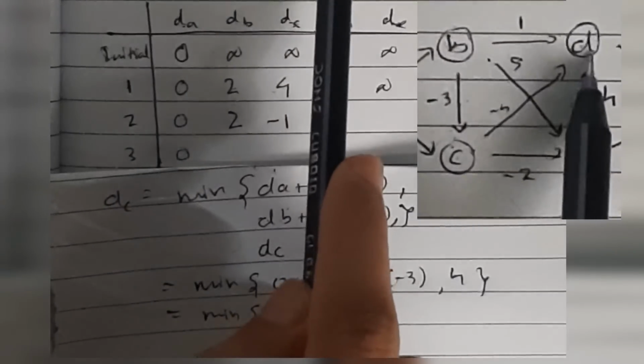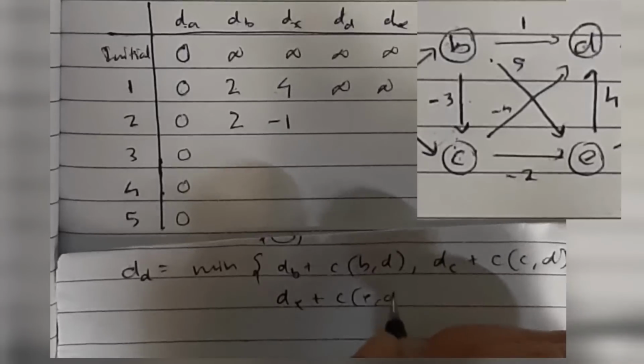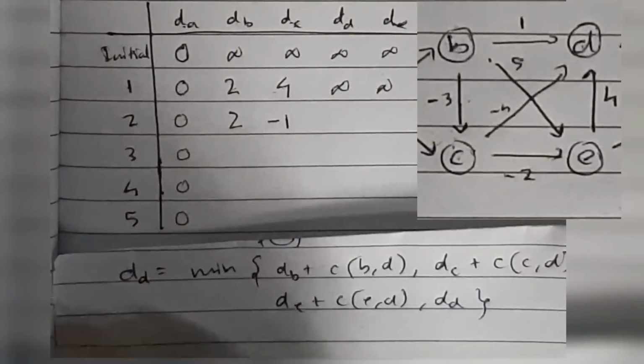The first is from B, the second is from C, the third is from E. So I have 3 ways of reaching D. So for distance to D I will be writing dD is equal to minimum of the first one, dB plus cost of edge from B to D, comma dC plus cost of edge from C to D, comma dE plus cost of edge from E to D, and dD itself. Now calculating all these 4, how many values are there?